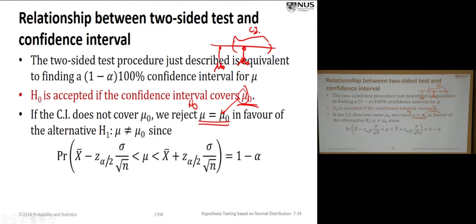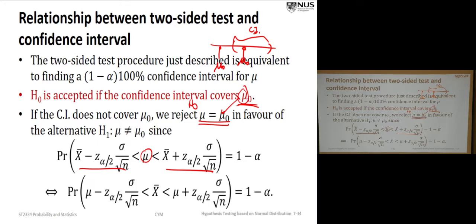This is the confidence interval. The mu is covered by this random interval with probability 1 minus alpha. If I rearrange it, there are two inequalities, and x bar falls between these two numbers with the same probability. So I will reject the null hypothesis based on x bar, where now I replace mu by mu naught. Under the null hypothesis, the type 1 error is alpha.